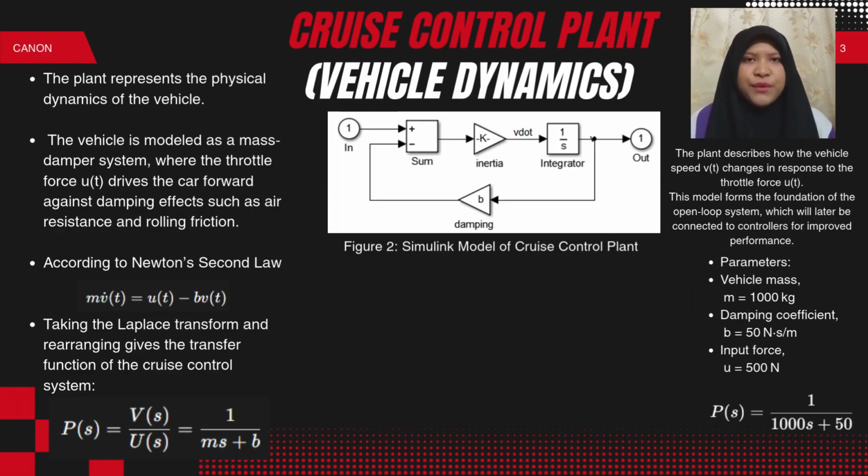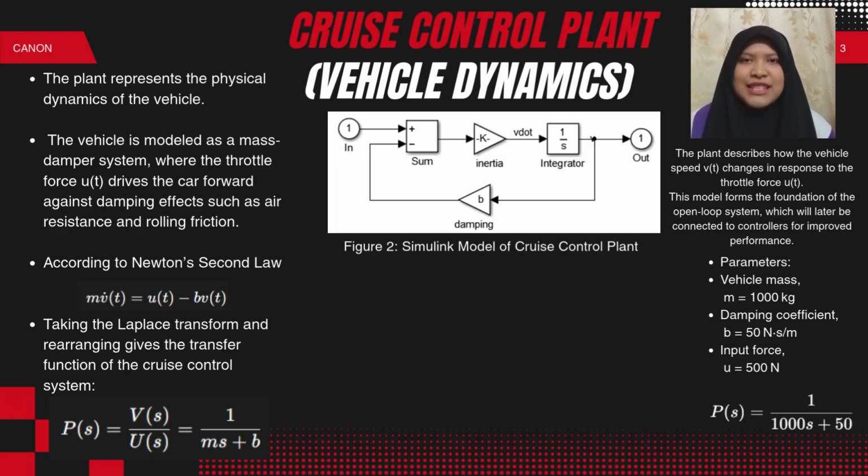The engine provides a forward force, U, while friction and the air resistance slow the car down with a force equal to B times the speed, V. Using Newton's second law, the relationship between these forces becomes M multiplied by the change of speed plus B multiplied by the speed equals the input force, U. When we take the Laplace transform of this equation and rearrange it, we get the transfer function of the cruise control system. This shows how the input U affects the speed, V.